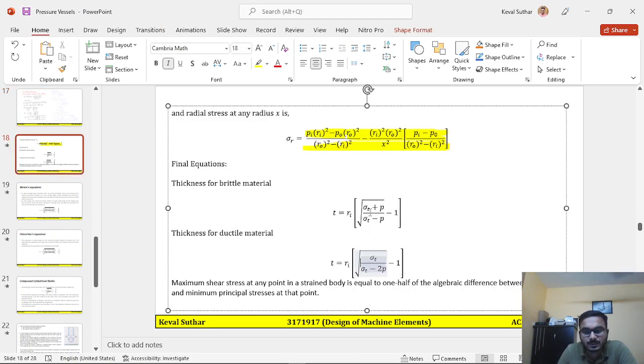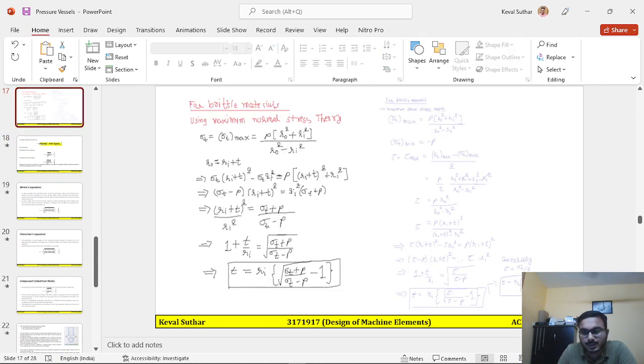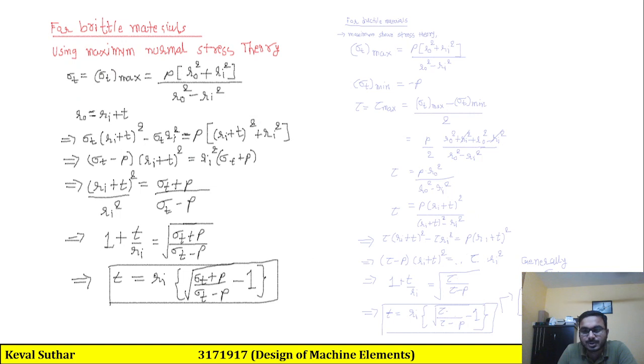So the same equations are also written over here. So if you want to note down them, you can pause this video at this moment and you can write down this.